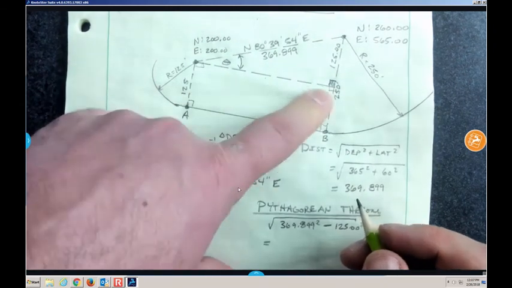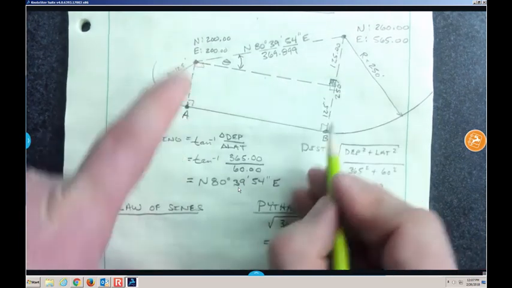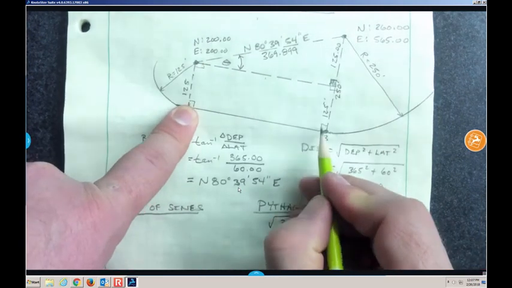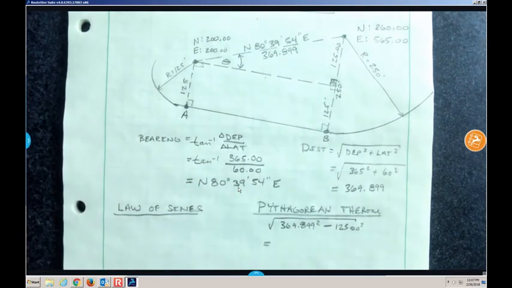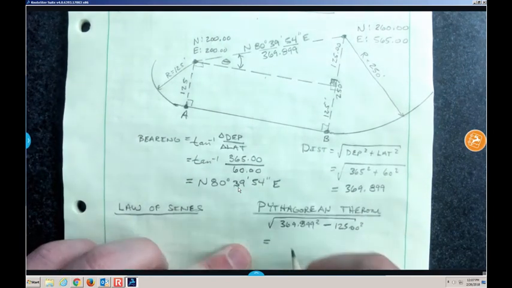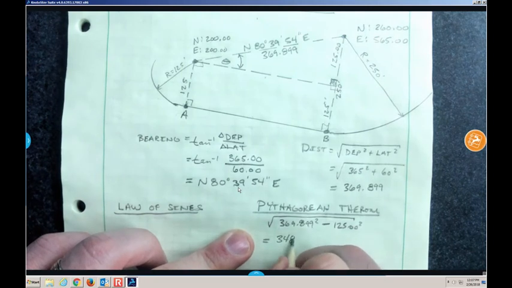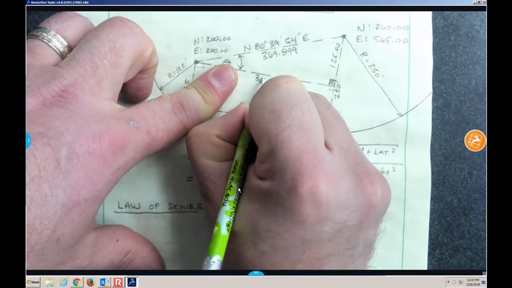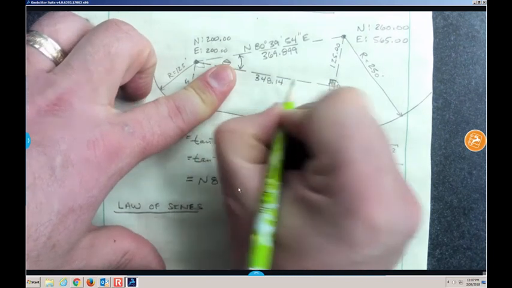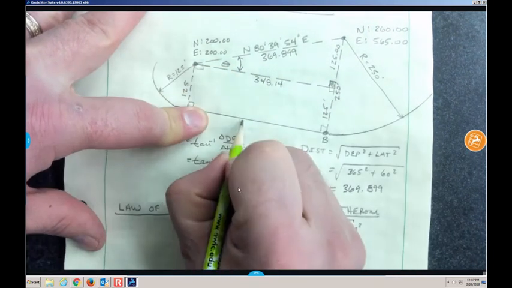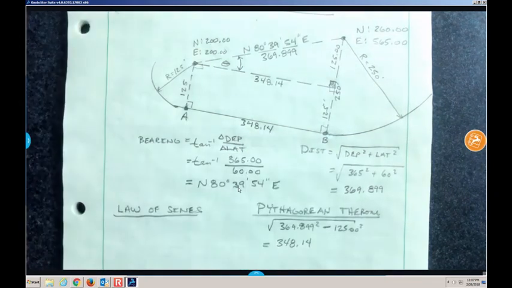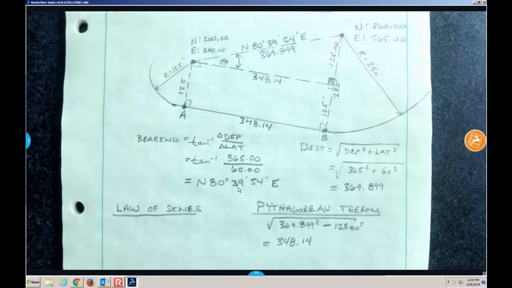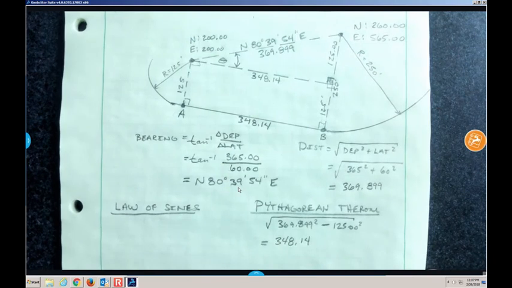It's going to give us the distance here, which is the same as the distance on AB, because these are a rectangle. So what do we get there? 348.14. So this one's 348.14, and this one is 348.14.